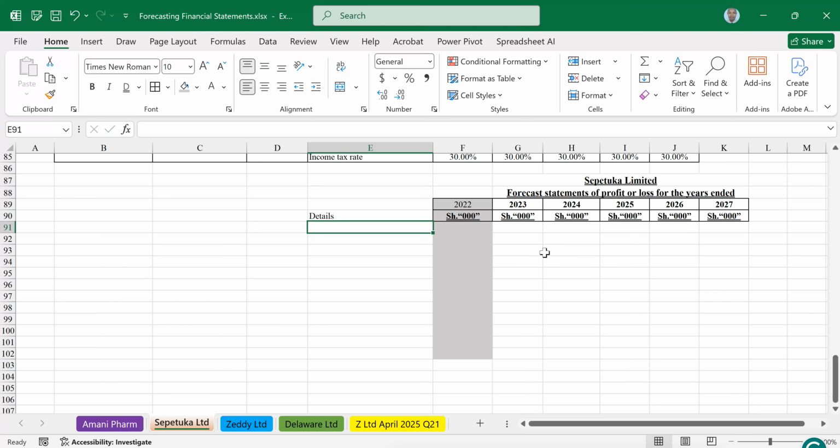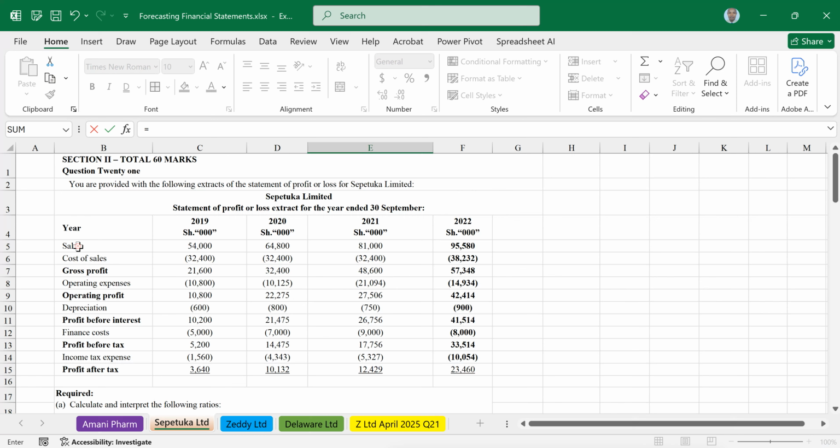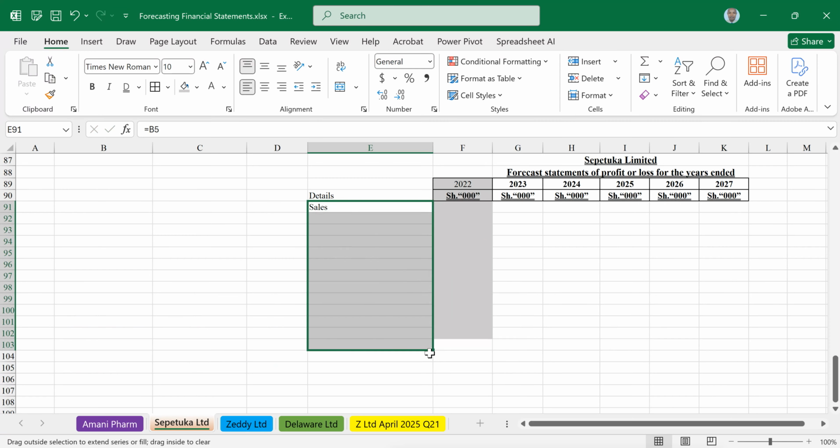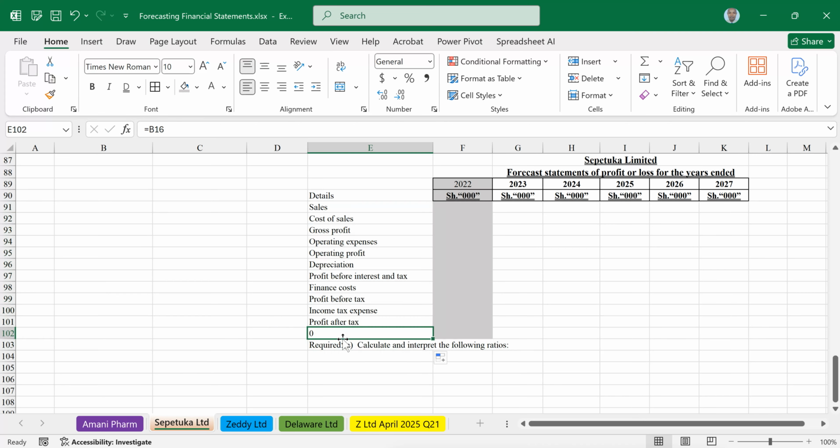So that will be equal sign. We have all those details up there. So equal sign, then click on our details, cells, enter, then drag down. So from cells, then you drag down.